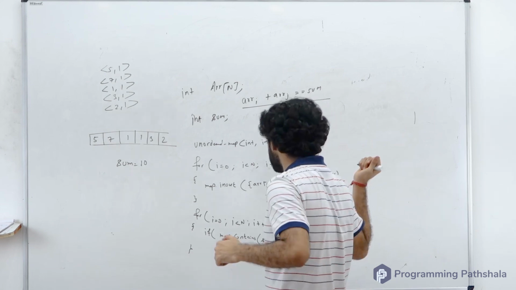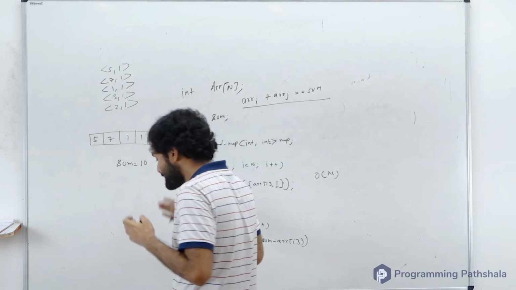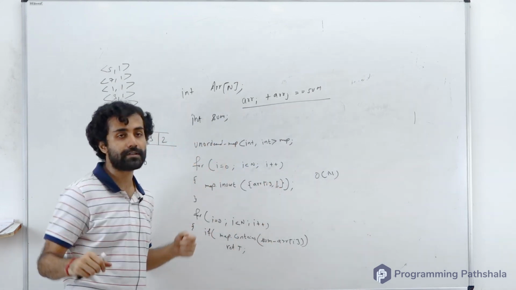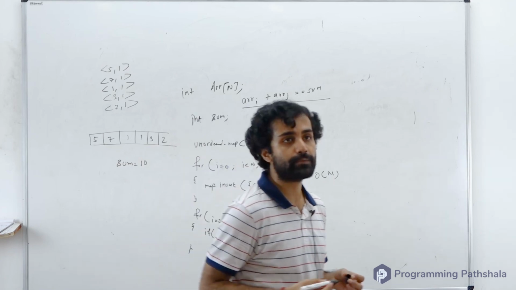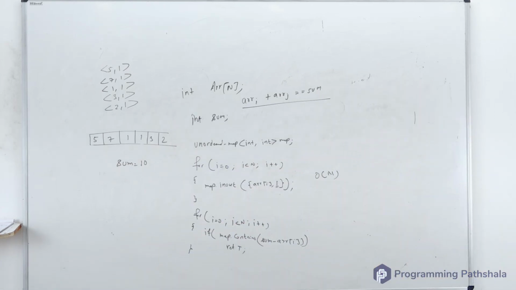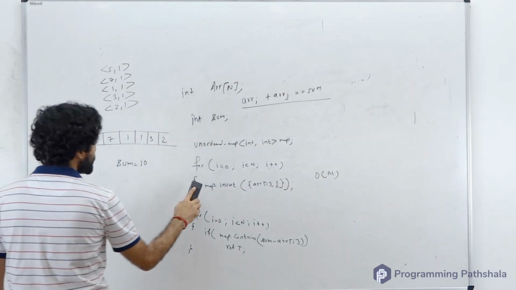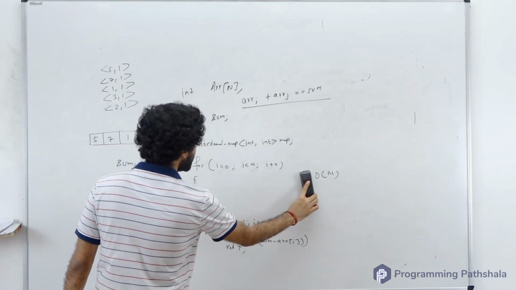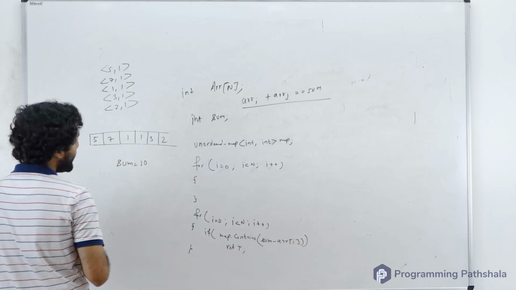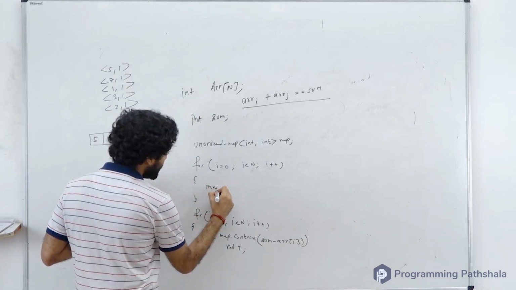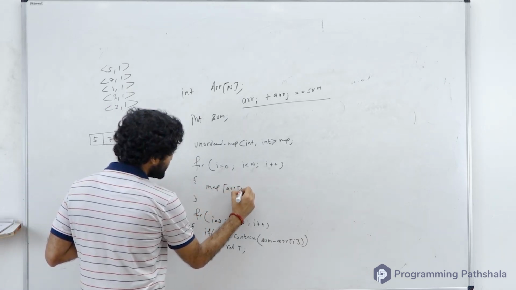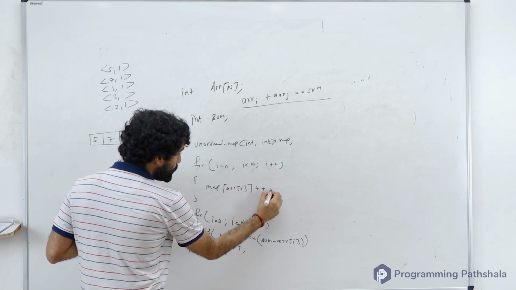Instead of storing any random value like 1 or 0, can I store something else which helps me do the job? Yes, I can store the frequency, or I can store the index. Very good, you can do any of those. Let's say I am storing the frequency. For that I can do something like map[array[i]]++. Why am I doing this?